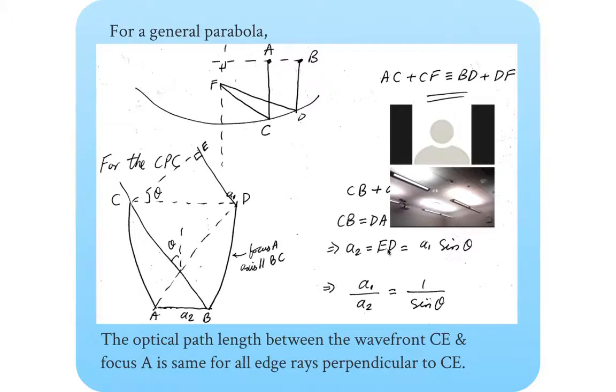That is inversely proportional to the sine of the half acceptance angle. If I have a very small concentration factor, let's say 2x, then 1 over sine theta is small and sine theta becomes large. In other words, I can collect a very large range of angles. On the other hand, if I want a huge concentration, let's say 1000x, then sine theta becomes very, very small.